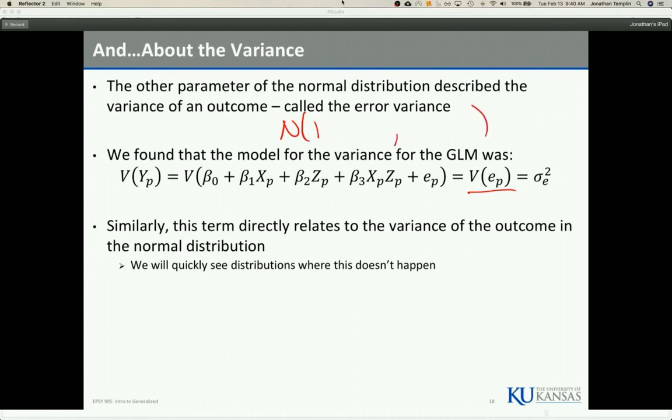So over here, this is like our expected value of y hat, or mu of y, and that's where the model for the means worked, beta 0 plus beta 1 x plus. So the predicted values were there. But over here, the variance of y, we just typically had a very simple function.